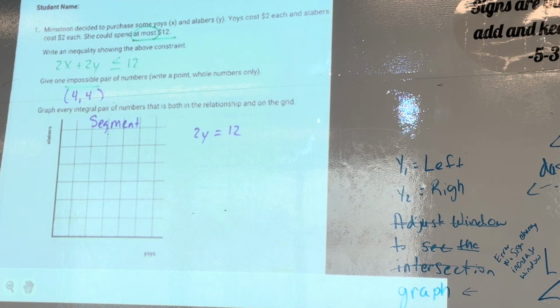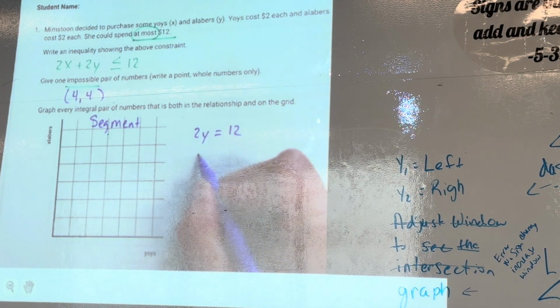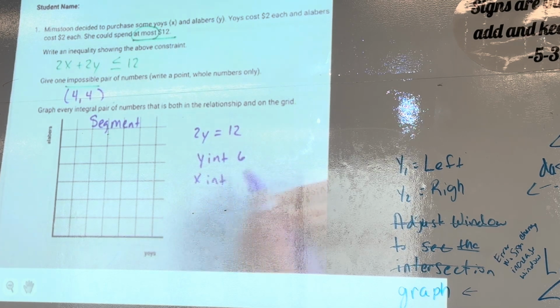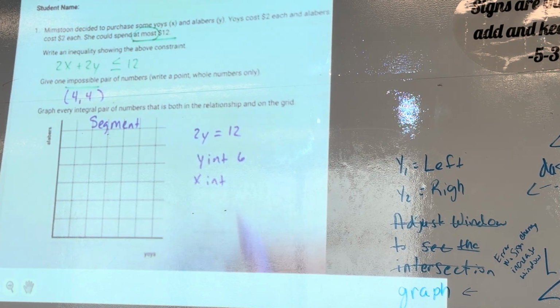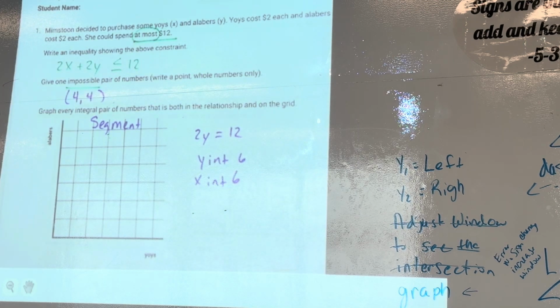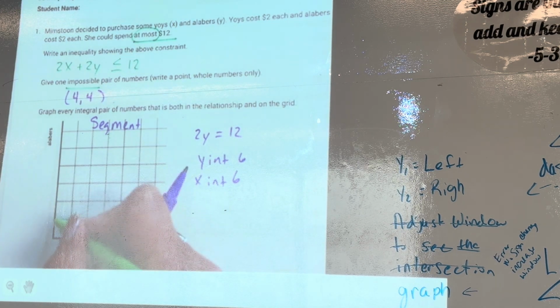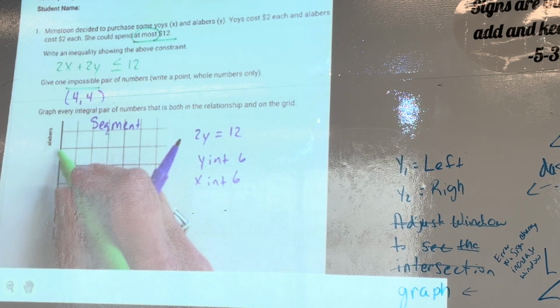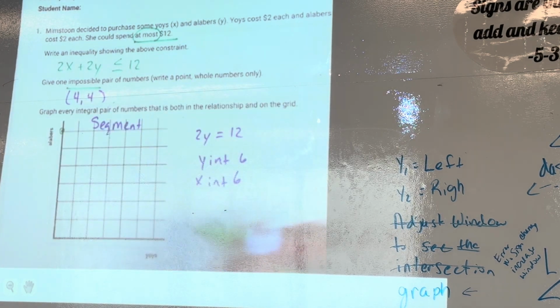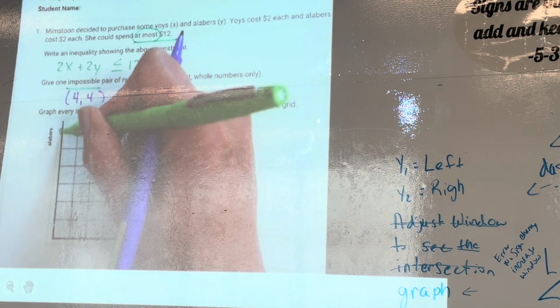Divide by 2. So the y-intercept would be 6. And our x-intercept would also be what? 6. So which one do we plot first? The y-intercept. So 1, 2, 3, 4, 5, and 6. And 6. And so it will draw our line.